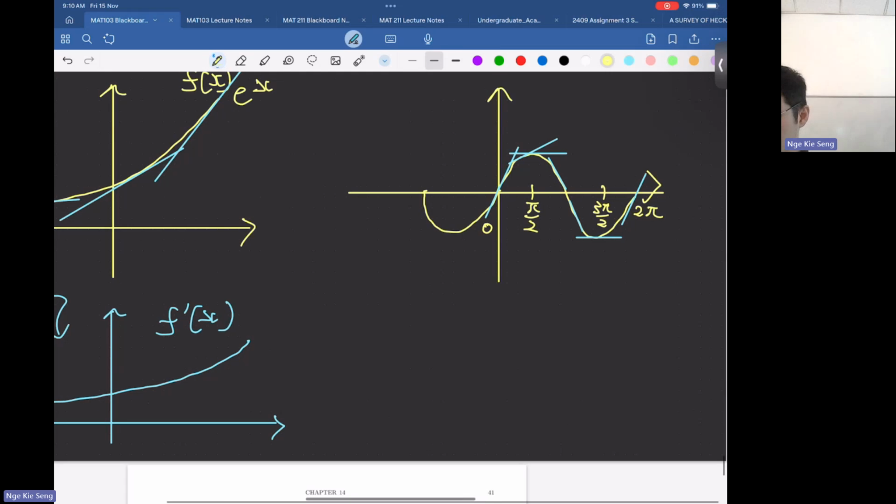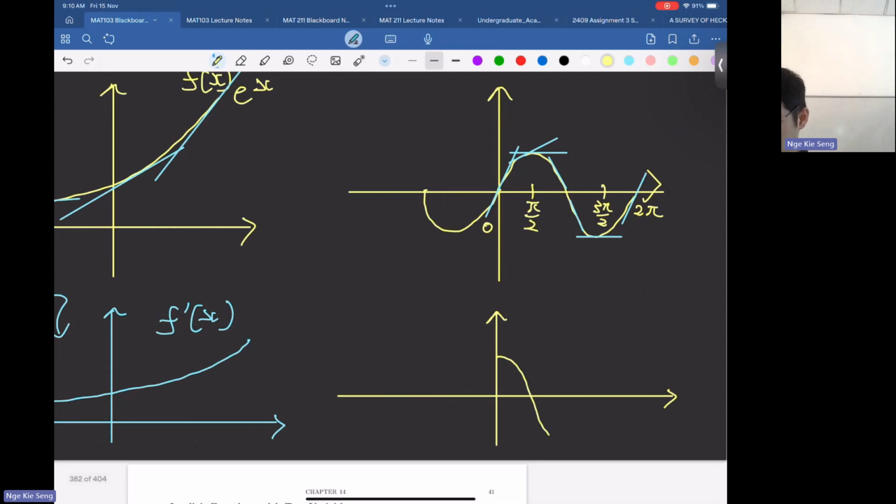So that's why your cos function looks like this: you start with 1, then go down to 0, then down to -1, and then go back up. Here is pi over 2, here is 3 pi over 2. So you see why here +1, here -1? Did you see the direction of your line? It's opposite.